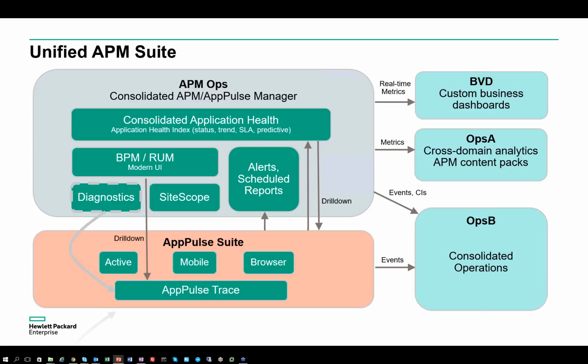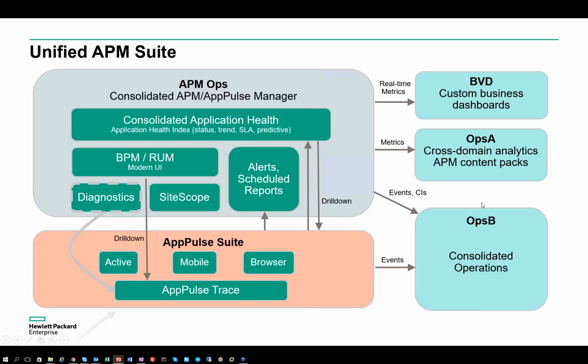And then the Application Pulse Suite, with its components, Active, Mobile and Browser, and coming up, Apples Trace, which is the end-to-end deep dive into the transaction. The two of them integrate with each other, where BPM and RUM can do drill downs into Trace, where Apples Suite can send data into APM and connect to APM, or APM in reverse send data to Apples.